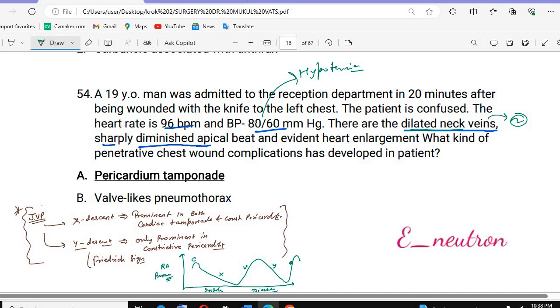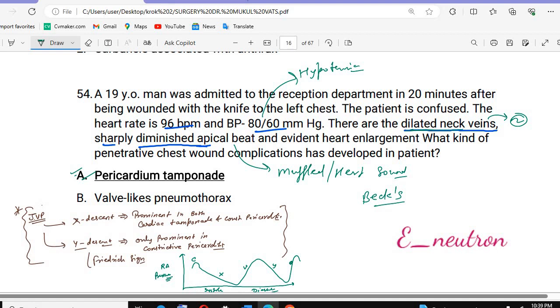And the other one we have is the sharply diminished apical beat, because that is the muffled heart sounds. So it's following which condition? It's following the Beck's triad. What will be the diagnosis? Pericardial tamponade will be the answer. Okay, is that clear?